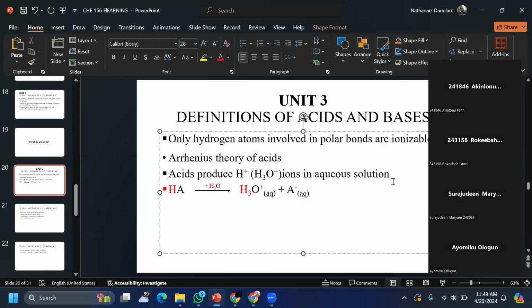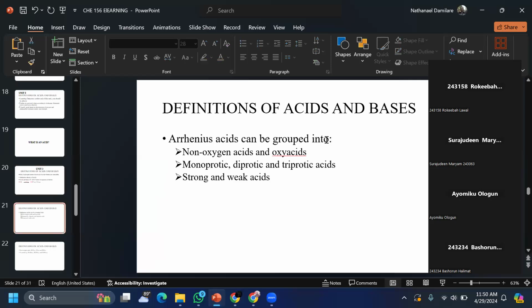That is possibly the early definition you were exposed to in secondary school, that an acid releases hydrogen ions or hydronium ions when dissolved in water. That is Arrhenius' theory of an acid. Based on that, we can classify acids into non-oxygen acids and oxygen acids.